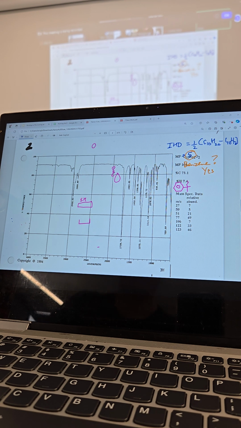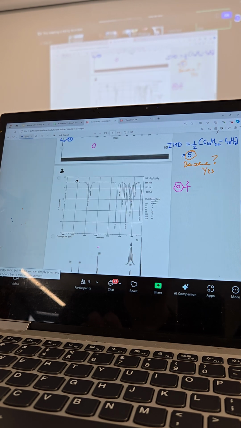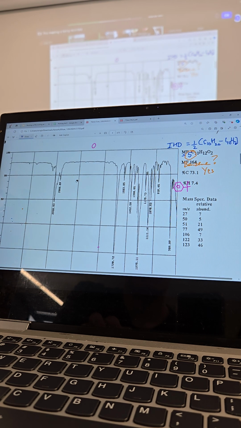My bad. Aldehyde CH is very specifically one between 2700 and 2800, and the other between 2800 and 2900. So this one has a signal between 2800 and 2900, but it does not have one between 2700 and 2800, right? Do you see that? Yes, I do. You don't have to say sorry. I just want to make sure you're also noting that part.